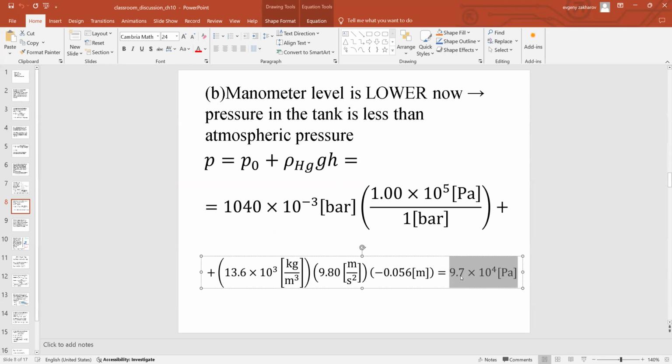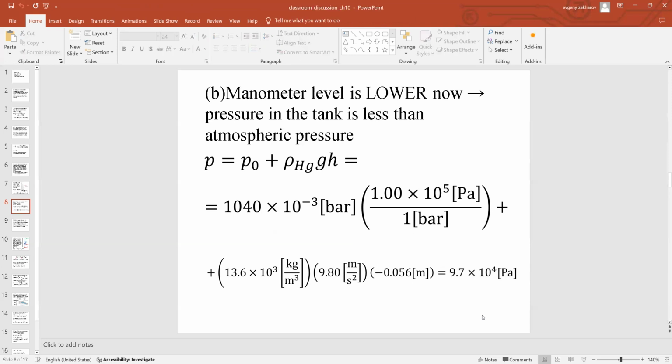You have 96,000 versus 100,000, so clearly less than atmospheric pressure here. So this is your basic idea for measuring the pressure, and the manometer is the tool to do that.